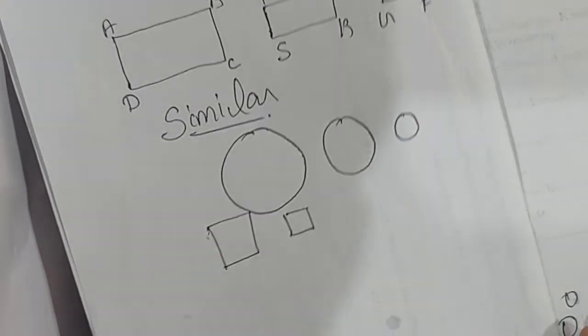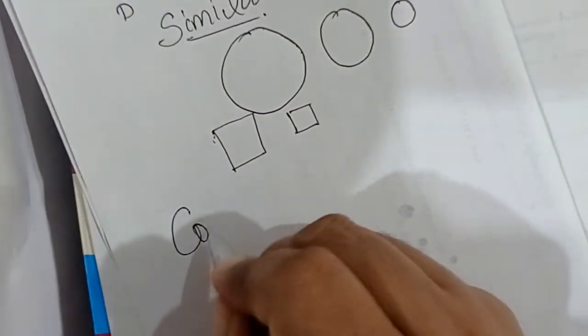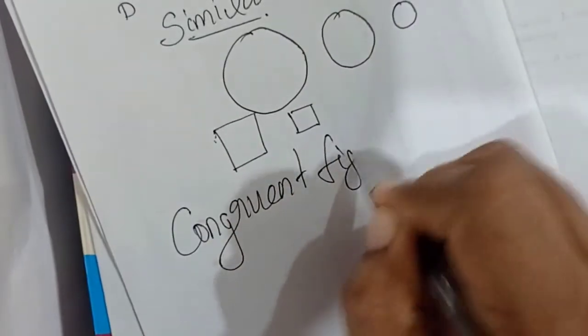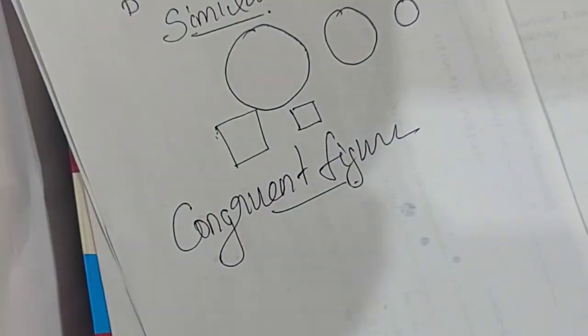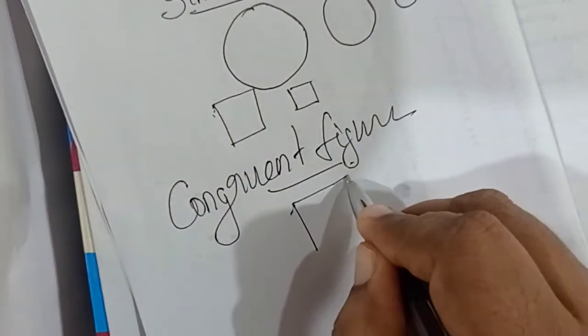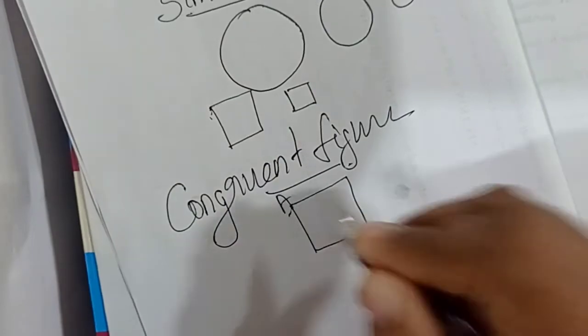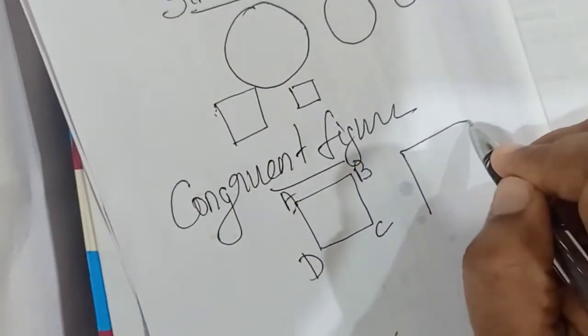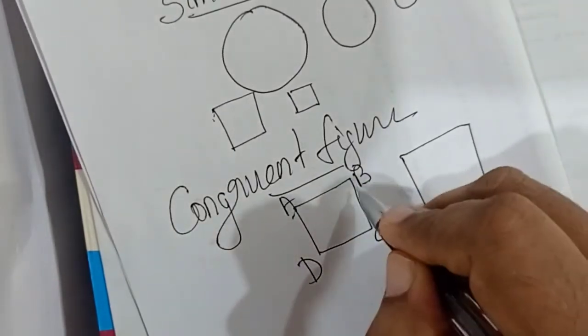Second point is congruent figures. Congruent figures means figures having the same shape and the same size. Here I draw two squares.